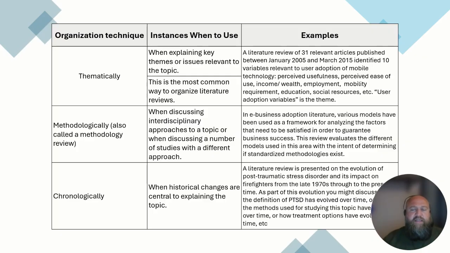So using the example I've had, if I was looking at something like the use of DBT with addiction in teens, I may present under one large paragraph or several paragraphs, paragraph header, several paragraphs that talk about research that looks at the efficacy of DBT with addiction.